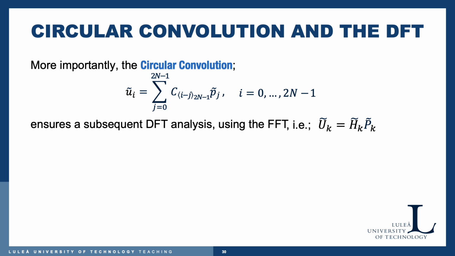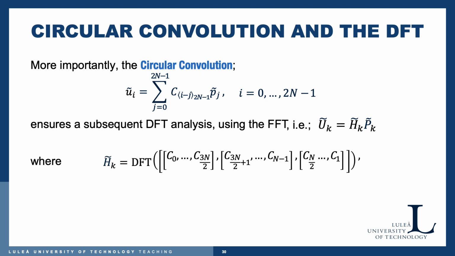We apply the FFT to obtain it directly from C, from the extended kernel, and we apply it to obtain the Fourier transformation of the pressure, P, the extended pressure, P tilde K, and then we can compute the extended deformation, U tilde K, in terms of its Fourier transform in the frequency space.